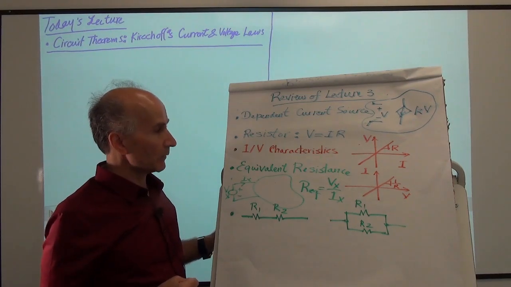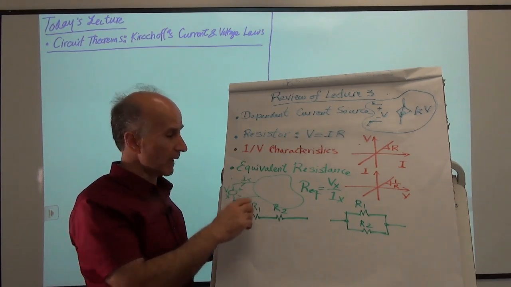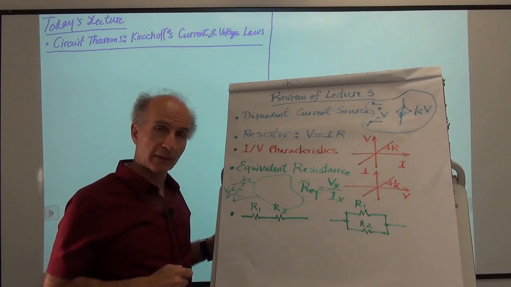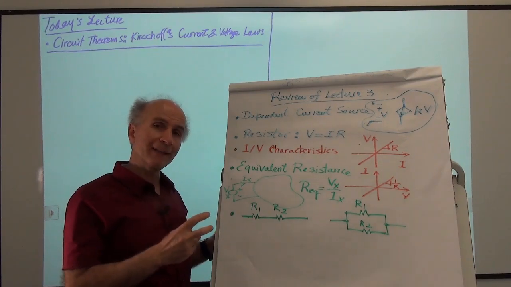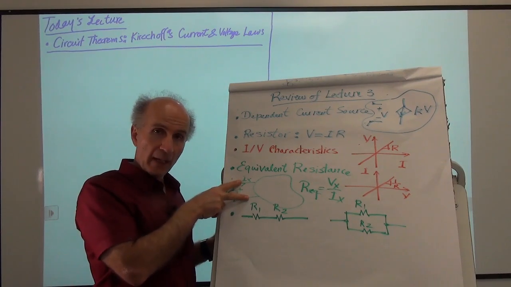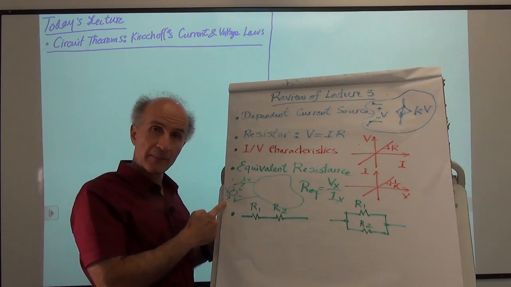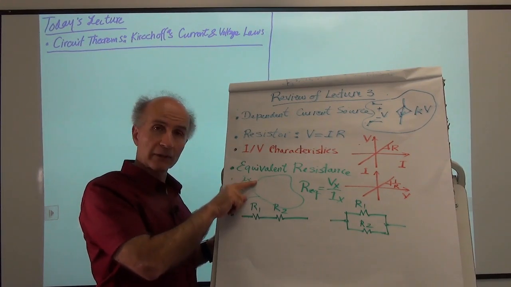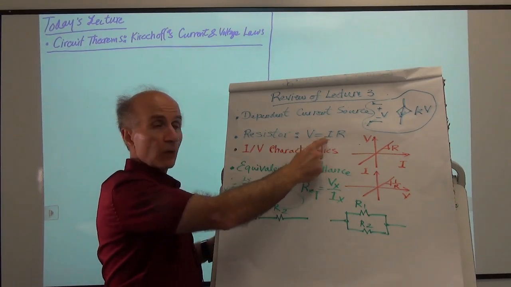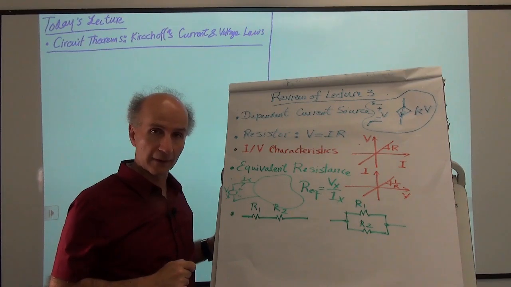All right, then we also talked about the concept of equivalent resistance, and we said that if we have a black box with only 2 wires coming out of it, we can try to find the equivalent resistance between these 2 wires. And to do so, we apply a voltage source here, call it Vx, and we measure the resulting current, Ix, and Vx over Ix, in analogy with Ohm's law, will give us the equivalent resistance that we see here.